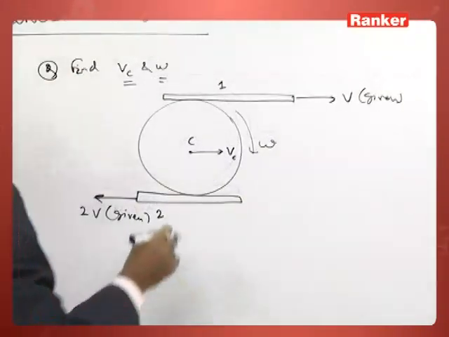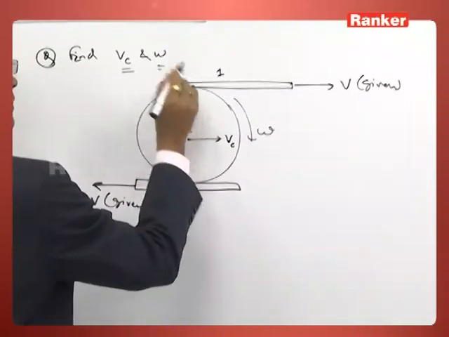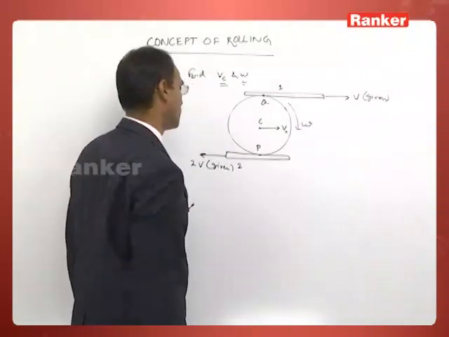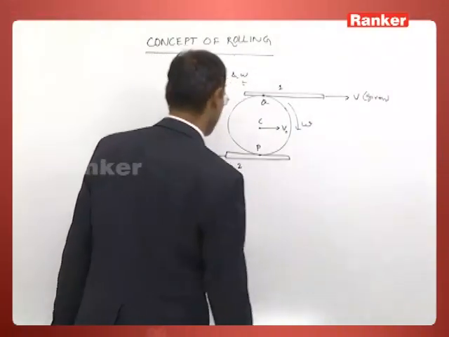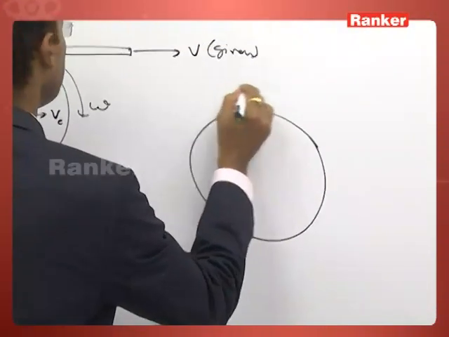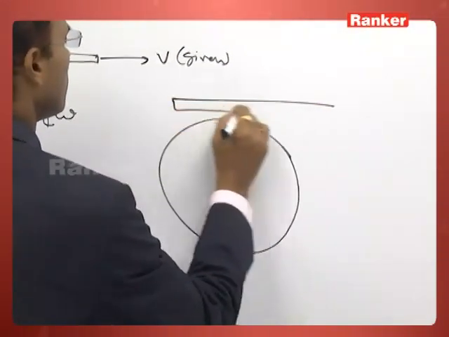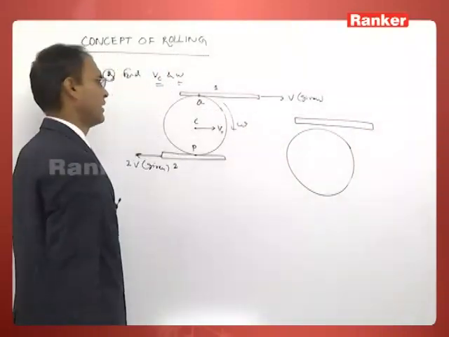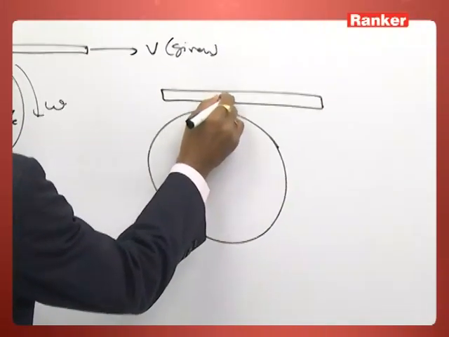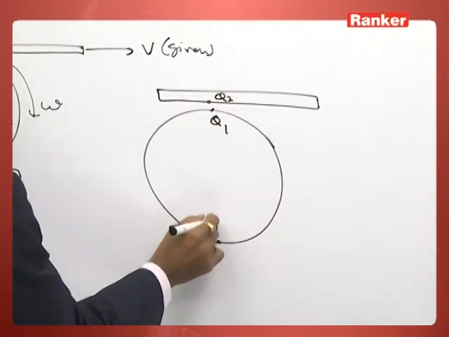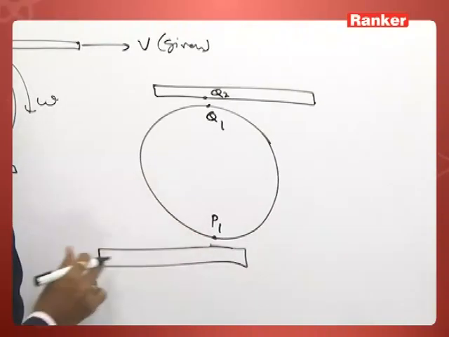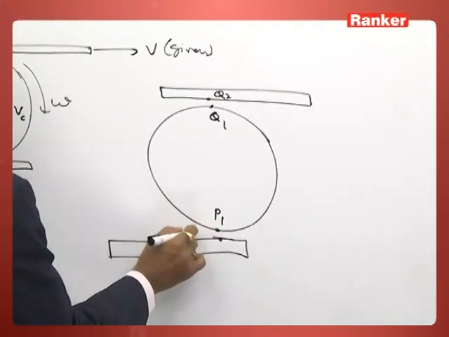Now we have 2 points P and Q. You draw the diagram separately. At this point Q is Q1, this point is Q2 suppose. This point is P1 and this point is P2.